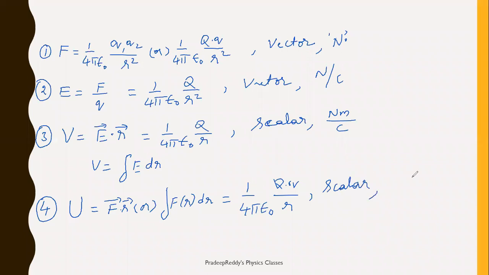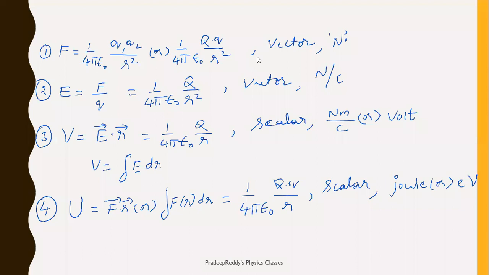The unit of electric potential energy is Joule. And remember, electric potential has the unit volt. And this Joule can even be written in terms of electron volt.